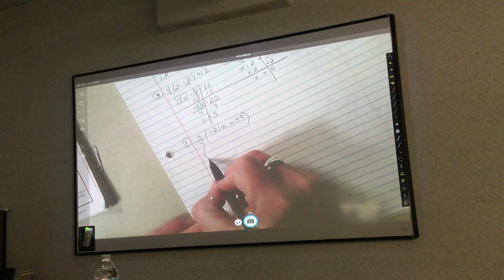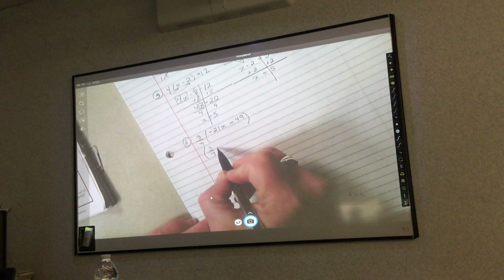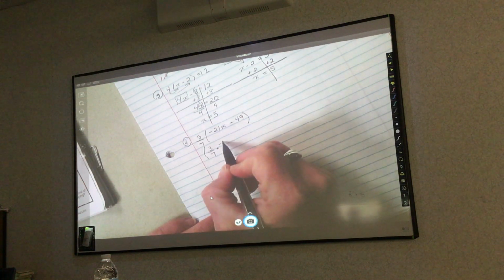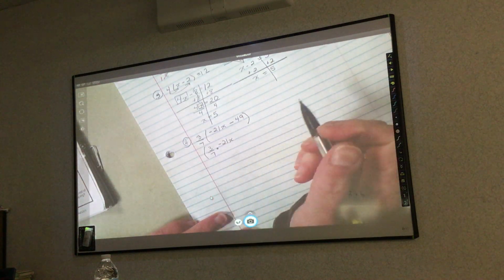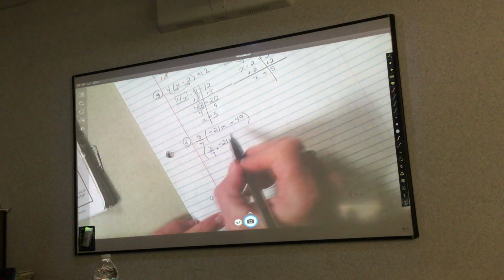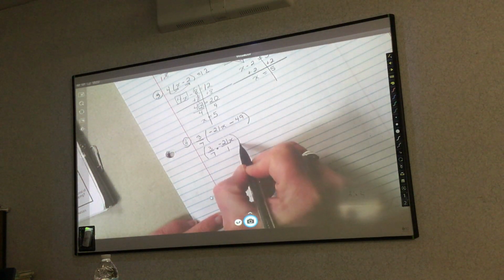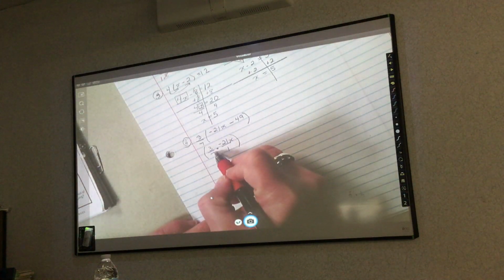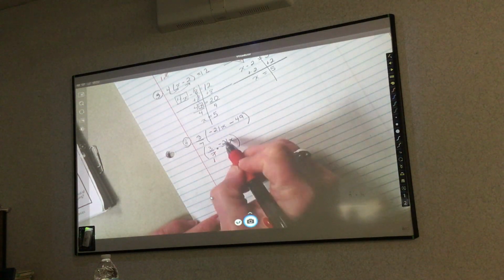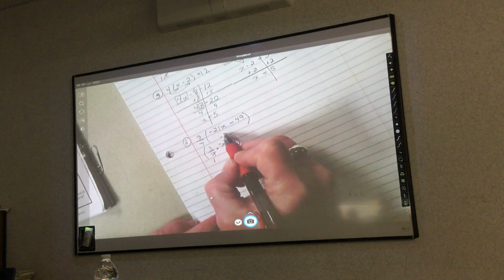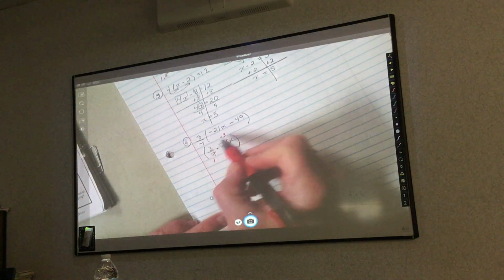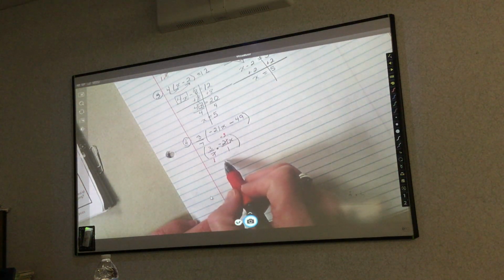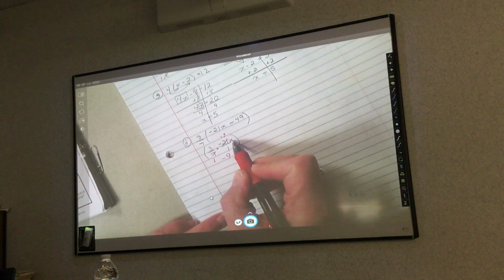So this is like saying 3/7 times negative 21x. And what do we put all whole numbers over? 1. So before I multiply, I'm going to reduce by 7. That becomes a 1. This becomes a negative 3. So 3 times a negative 3 is a negative 9, and don't forget the x.